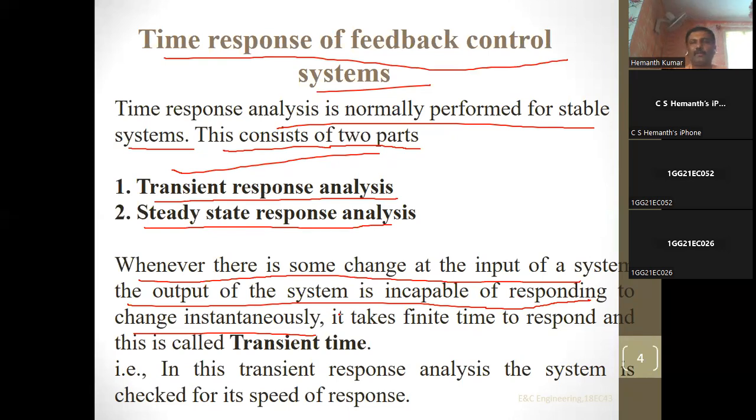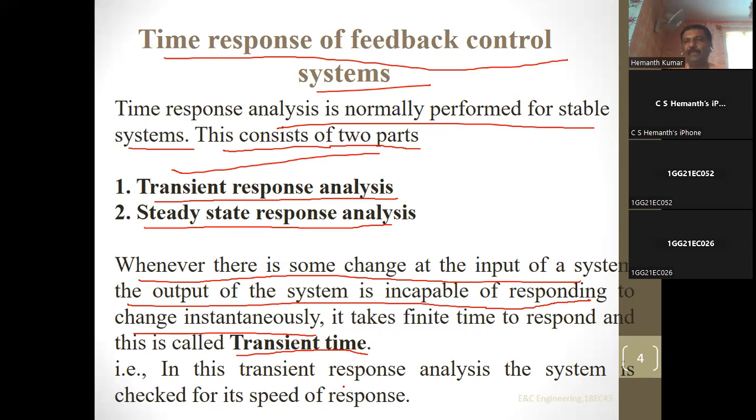And the finite time it takes to respond is normally referred to as transient time. In transient response analysis, the system is always checked for the speed of the response. Why do we check the transient response?